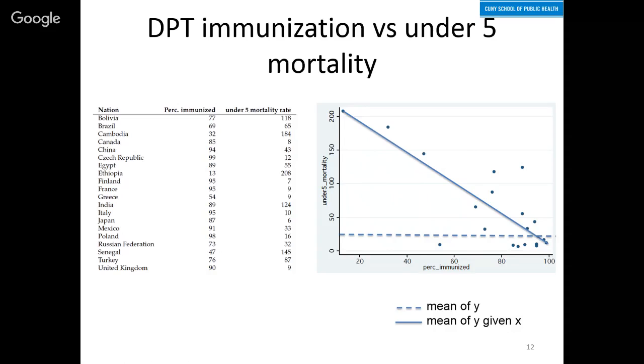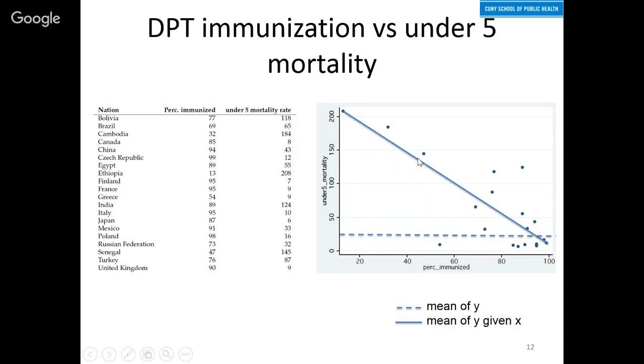So what is this mean of y given x? What does that mean? That's a conditional probability that's given. X already happened. Like one event already occurred. One event's already occurred, yeah.